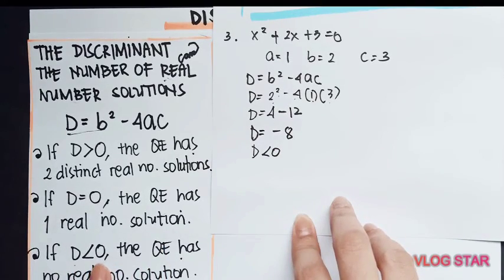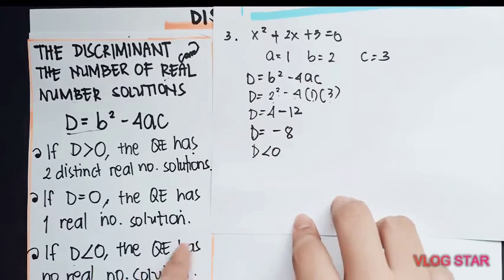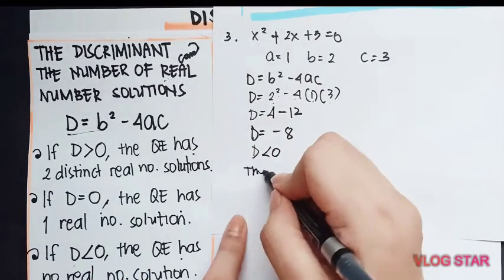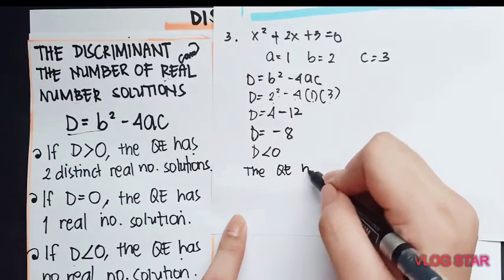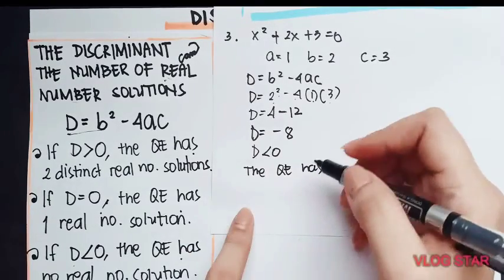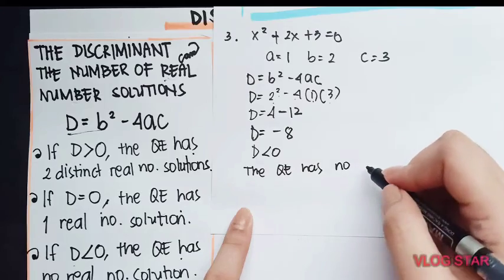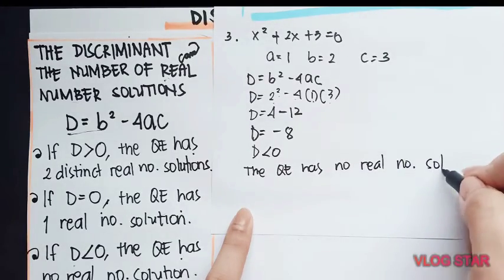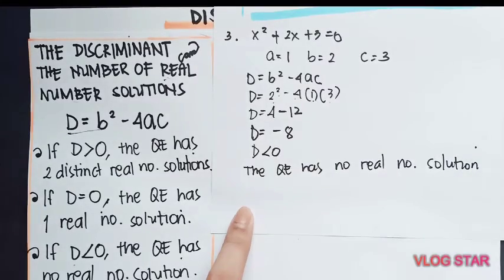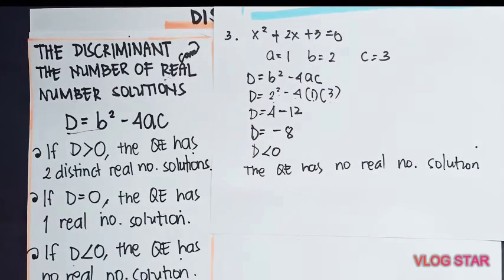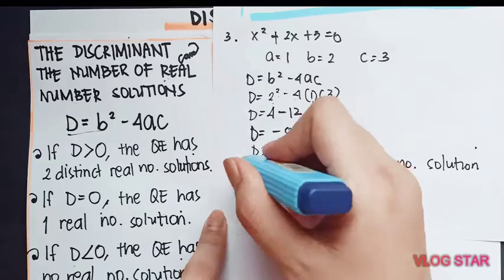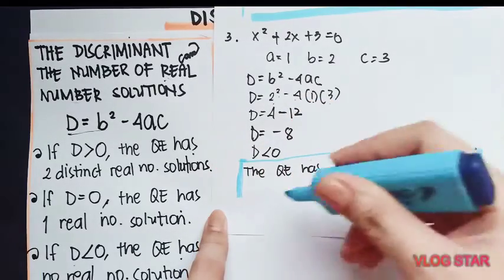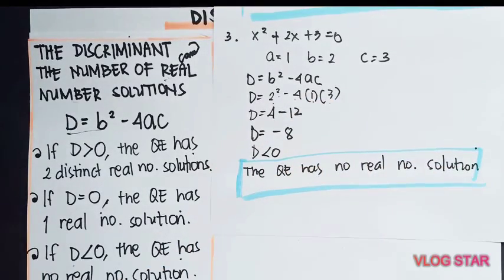Since the discriminant is less than 0 or a negative number, it means that the given quadratic equation has no real number solution. Because if we are going to solve for its solution, you try this, okay?